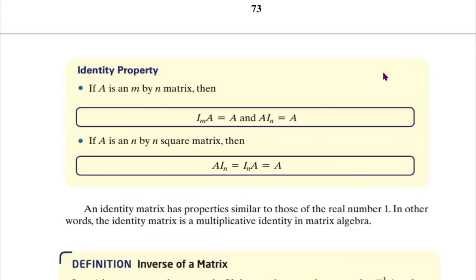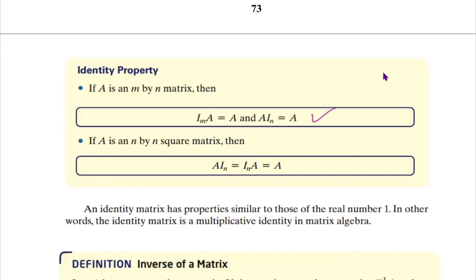So the properties of identity, that's the summary of everything that we were saying. If I multiply I by a matrix, it equals the matrix. And it doesn't matter if you swap the position. You remember when I was saying that multiplication of matrices is not commutative, but not for I. For I, it doesn't matter which side you put it, it's still going to give you the same answer.